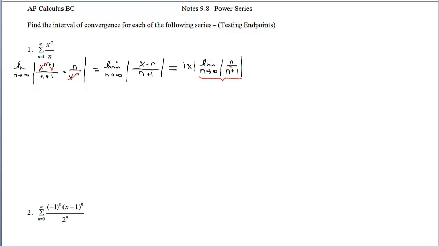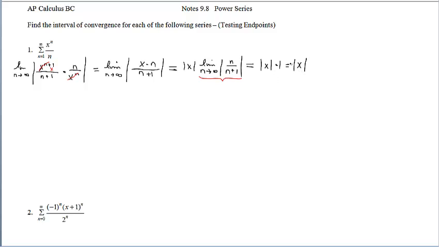And then evaluating this limit right here. When you plug in infinity, you get indeterminate. Remember, you can apply L'Hopital's rule, and we're going to get 1 over 1. So this limit goes to 1. So we have the absolute value of x times 1, which is just the absolute value of x.